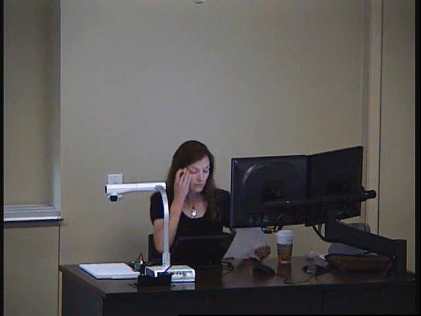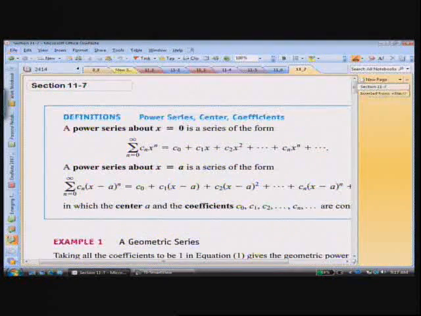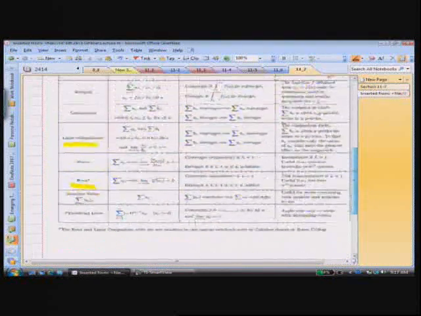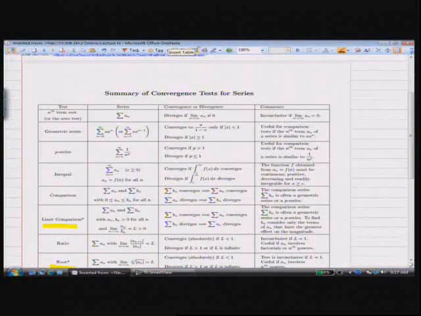I did go online and I found a summary of the convergence tests for series, and that's under your Unit 4 folder. I'll show it to you here, and we'll have that out today so that we can work on it. So let's go ahead and get started. I have it right here. This was the file that I inserted, and it's probably hard to read on the computer.